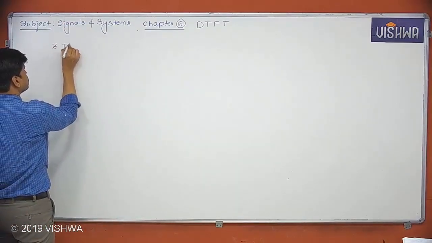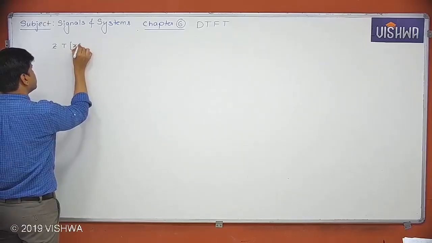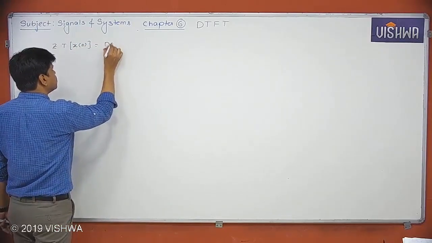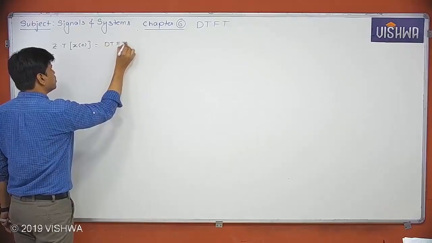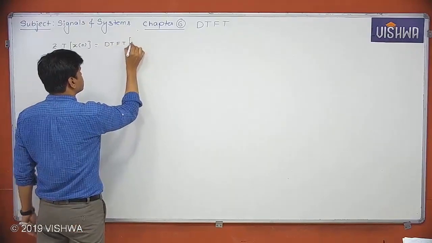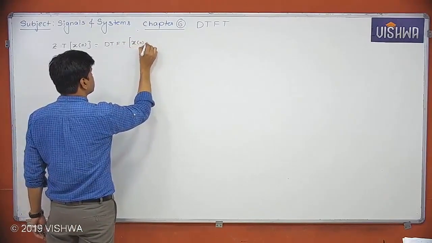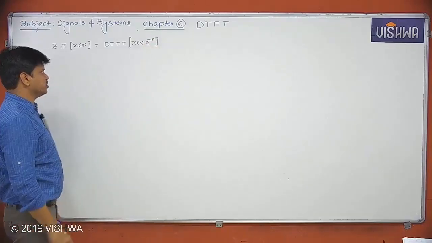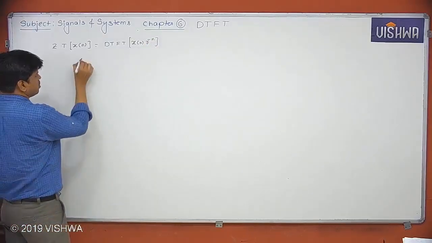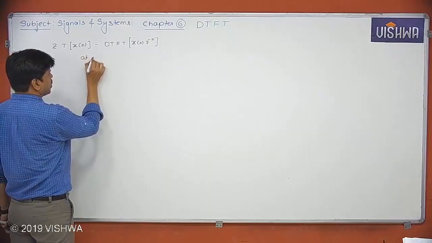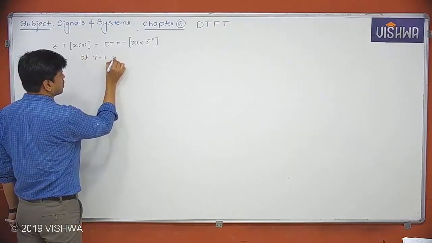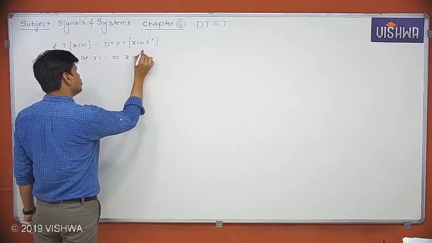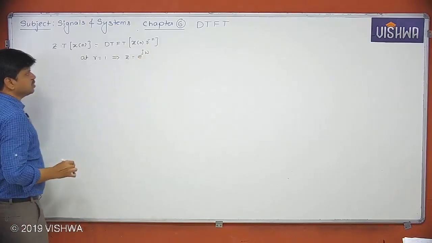The Z-transform of x of n is the same as the DTFT of x of n r power minus n. This is what we have seen. At r equal to 1, it implies z equals e power j omega.